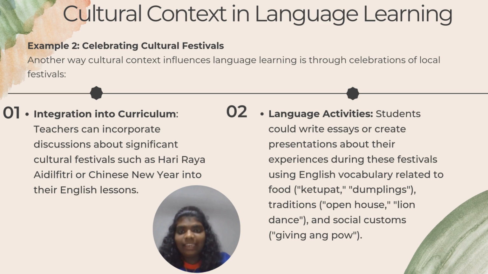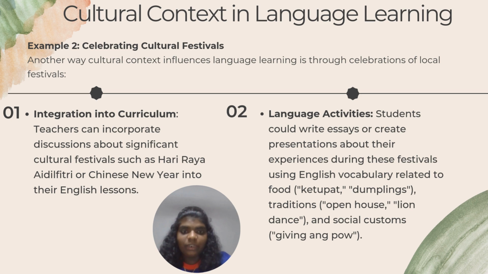So the second example is celebrating cultural festivals. Another way cultural context influences language learning is through the celebration of local festivals. The first one is integration into the curriculum. Teachers can incorporate discussions about significant cultural festivals such as Hari Raya Aidilfitri or Chinese New Year into their English lessons.